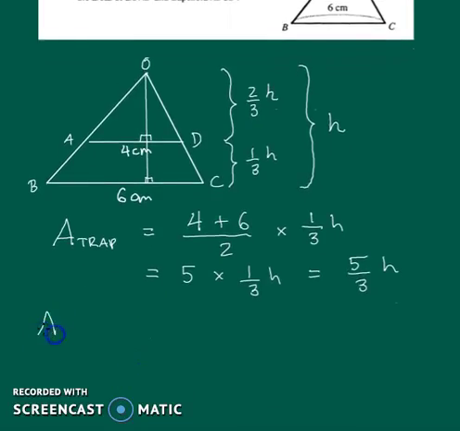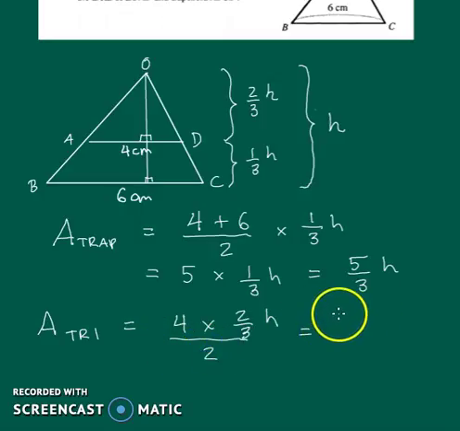And now we're going to find the area of the small triangle OAD, because that's what we're being asked to compare. And the area of the triangle, as we know, is base times height divided by 2. The base is 4 centimeters. The height is 2 over 3 H. And we're going to divide by 2.